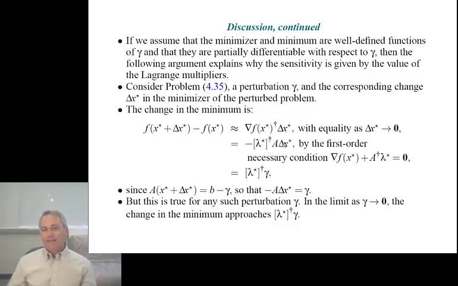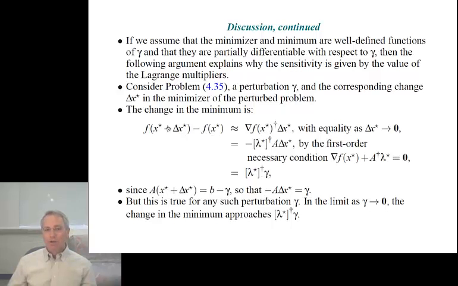However, A delta x has to be equal to minus gamma. Why is that? Because if x star plus delta x star is feasible for the perturbed problem, we have that A times x star plus delta x star is equal to b minus gamma. Cancelling b and A x star, we find that A delta x star is equal to minus gamma. So that gives us the last line.